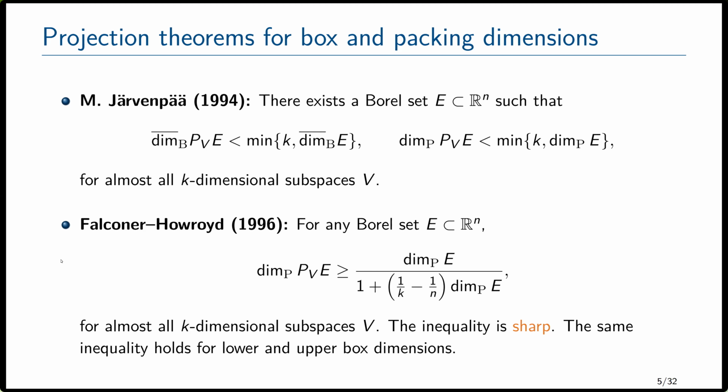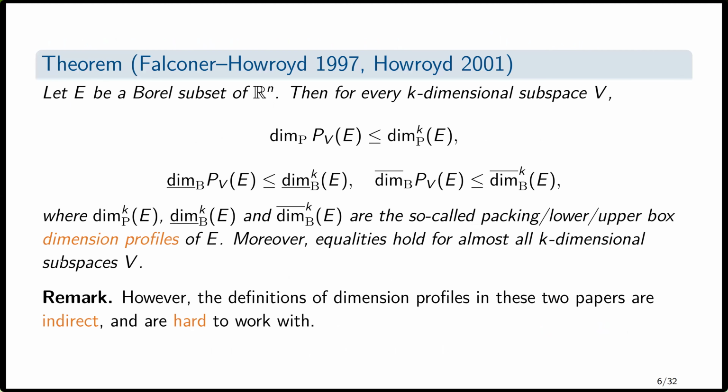So it is quite difficult, and the exact value was unknown until in 1997 Falconer and Howroyd defined a new concept, the dimension profile. I didn't write the exact definition from their paper because it's too complicated, and we just need to know this.